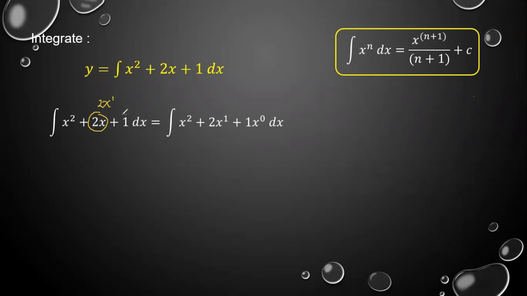And 1, as a constant, we can write as 1x to the power of 0. Right? So that's why we got this function. Clear to everyone?